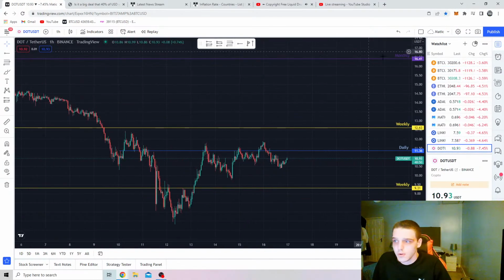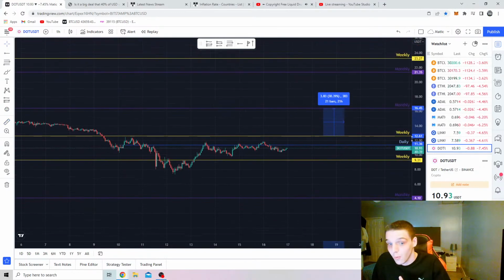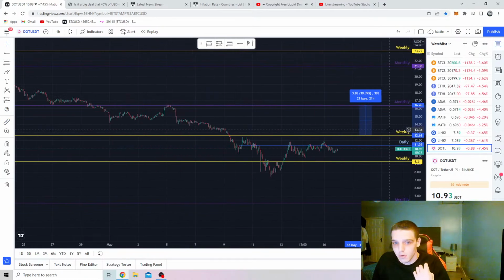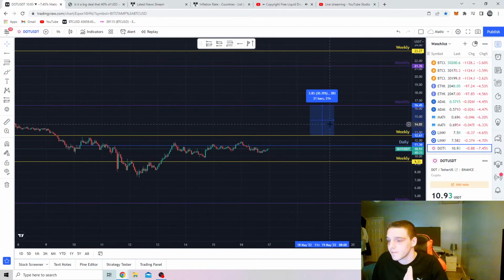So with Polkadot, just a quick example, if it breaks this important weekly, similar to Bitcoin, look at the growth, that's another 30% before it has any major sign of possible resistance, which is just crazy. And if you're looking from a trading perspective, which you should always learn yourself, and learn from some of the best people out there if you can, 30% is a good amount of money.